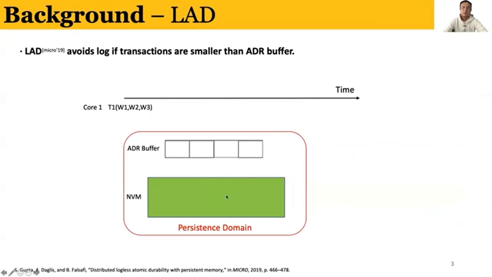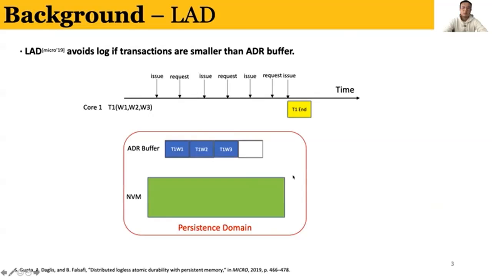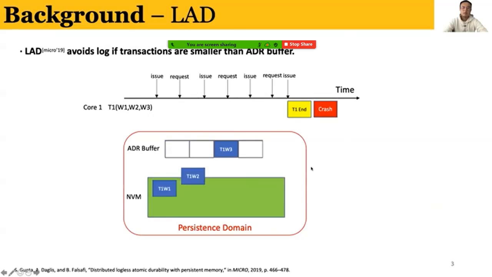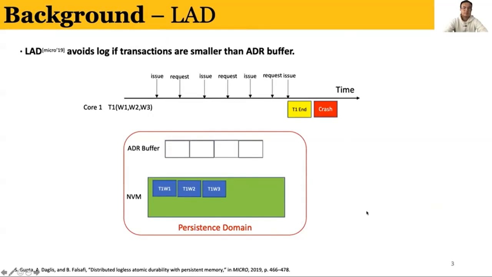As we can see, updates first accumulate in the ADR buffer, then reach transaction end. Right now, suppose there is a crash. With the ADR support, contents in the ADR buffer can be flushed to NVM safely. However, LAD falls back to log if the ADR buffer overflows during execution.